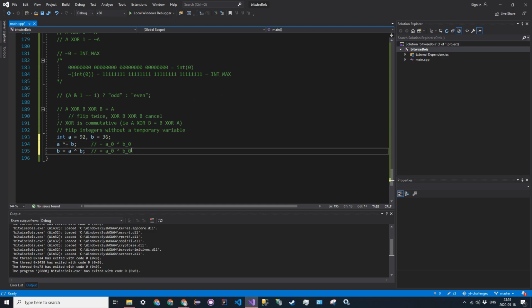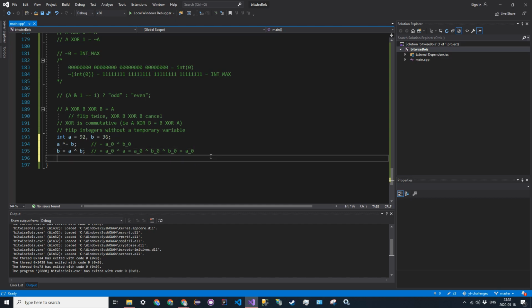And then I'm just taking A that, which is equal to A original XOR B original XOR B original, which is equal to A original, because the two B's cancel out. These two cancel out right there.